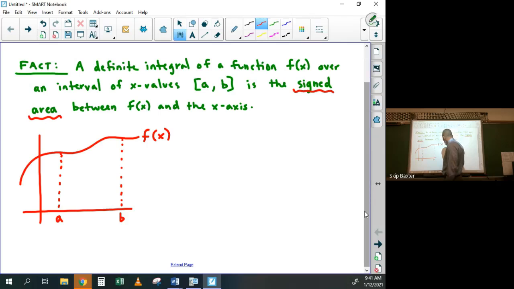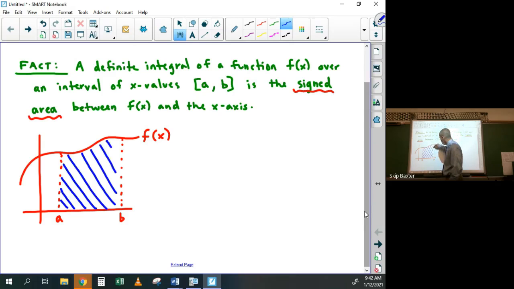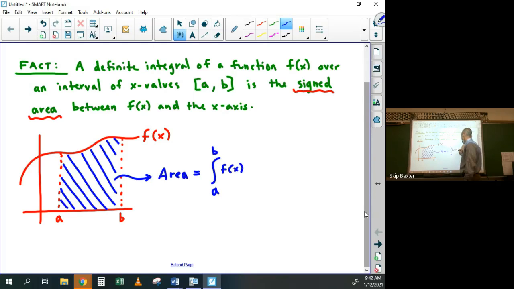Then the area of this weird shaped region, which isn't really anything we can find using normal geometry formulas or anything, that area is actually equal to the definite integral from a to b of f of x dx.